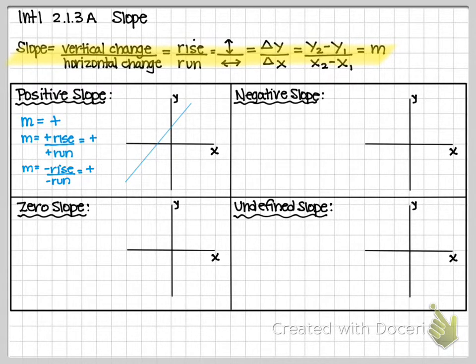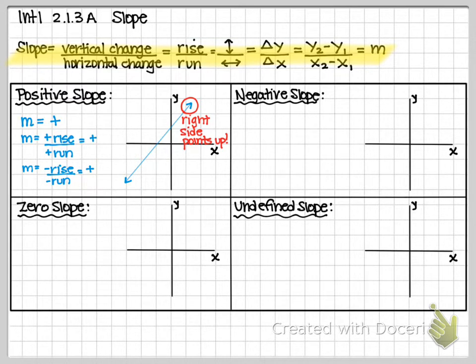Every single positive sloped line will always have the right side of the graph, so where the little arrow is, pointing up. So I'm going to take a look at this right side here, and I'm going to make that note. So right side points up, which is nice and consistent.